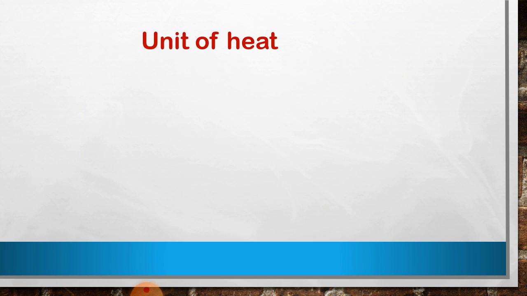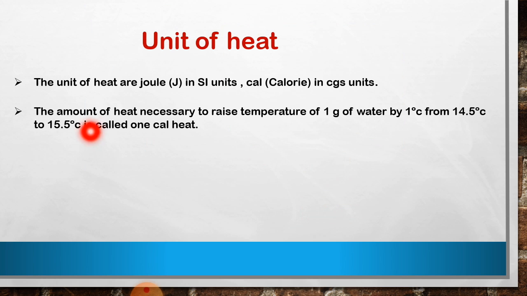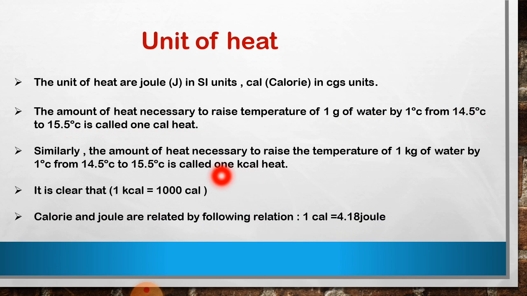Okay. So students, unit of heat. What is the unit of heat? The units of heat are joule in SI units and calorie in CGS units. The amount of heat necessary to raise the temperature of 1 gram of water by 1 degree Celsius from 14.5 degree Celsius to 15.5 degree Celsius is called 1 calorie heat. But what do you mean by 1 kilocalorie heat?